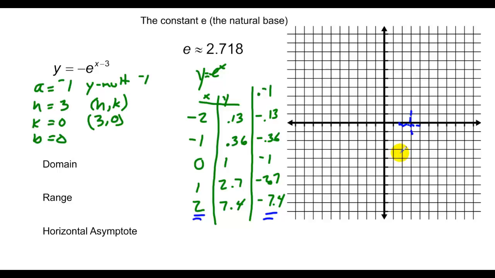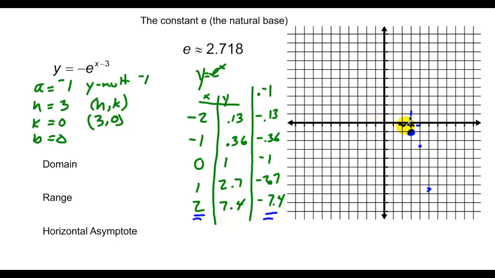So in doing so, I go over 0, down 1, puts me here. I go over 1, down 2.7, right around here. Go over 2, down 7.4, 3, 1, 2, 3, 6, 7.4-ish.